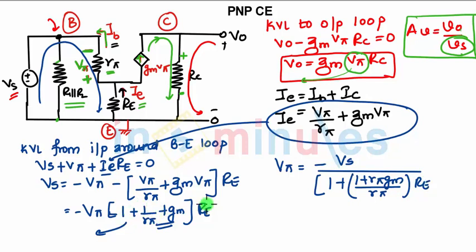In this bracket it is not completely multiplied by RE; 1 upon R pi plus gm is only multiplied by RE. You have no multiplier for the 1, so it is a separate term. So you will have this in the denominator.